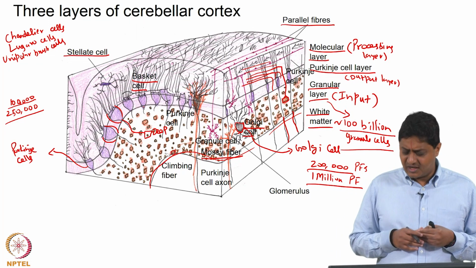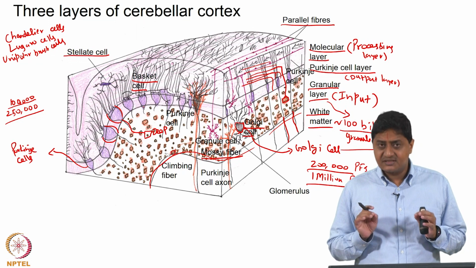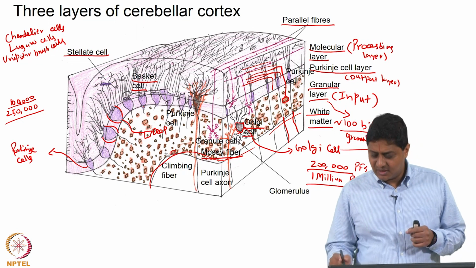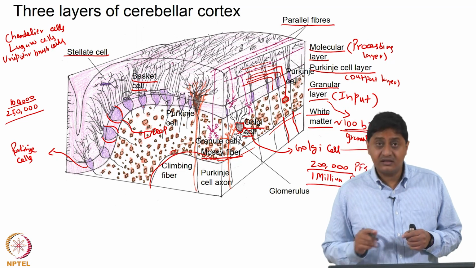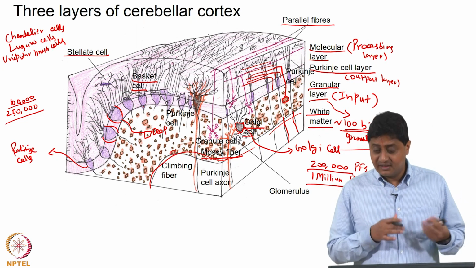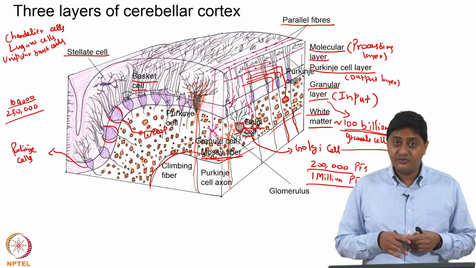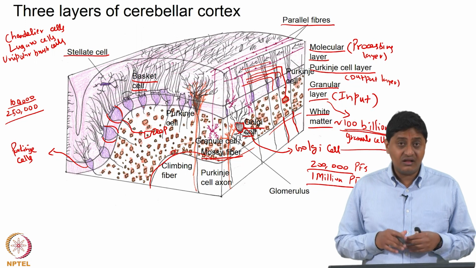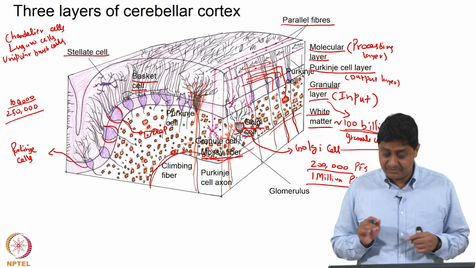That must be true, right, because the total number of granule cells is 100 billion, and we said in the previous class that that is greater than the sum total of all the neurons in the central nervous system and the rest of the cerebellum.